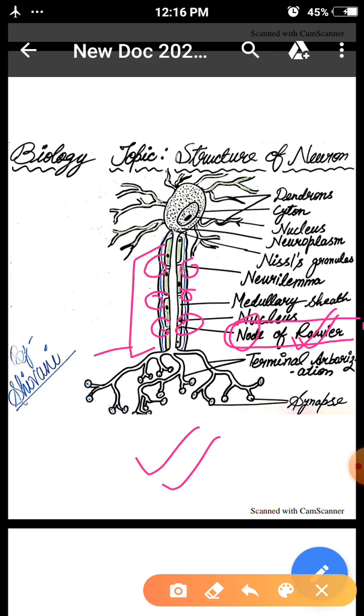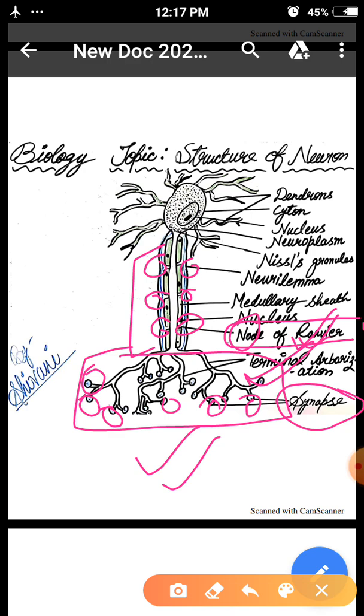And then the last structure you are observing is called terminal arborization, and these small ball-like structures are called synapse. What is the main function of this synapse?